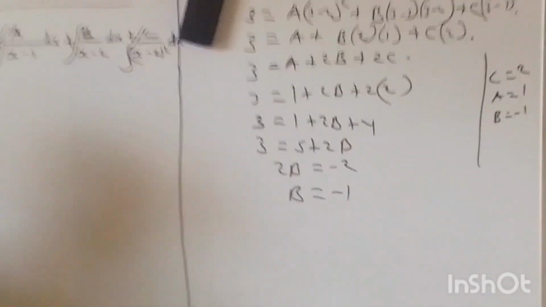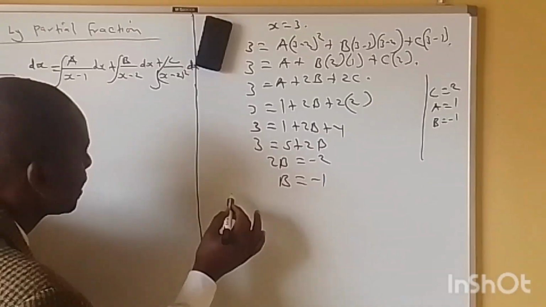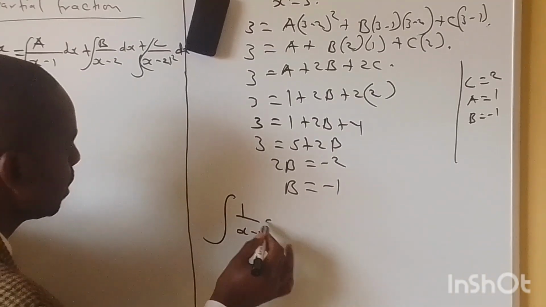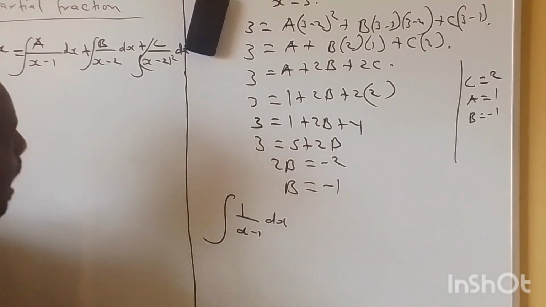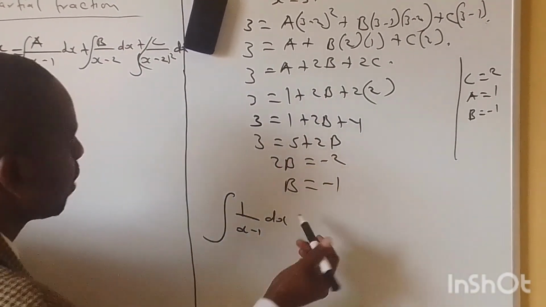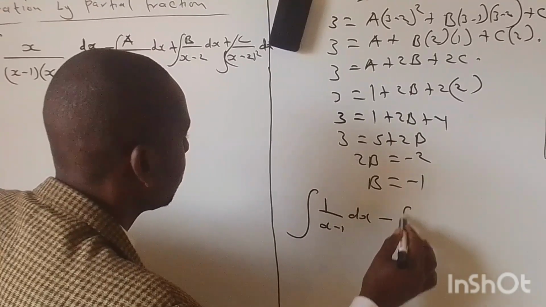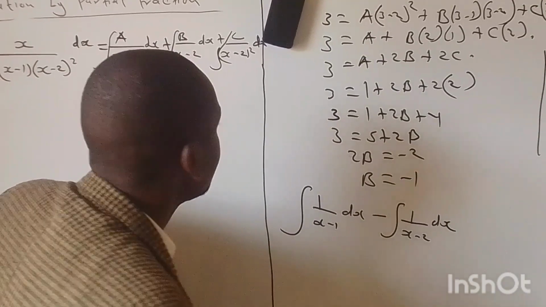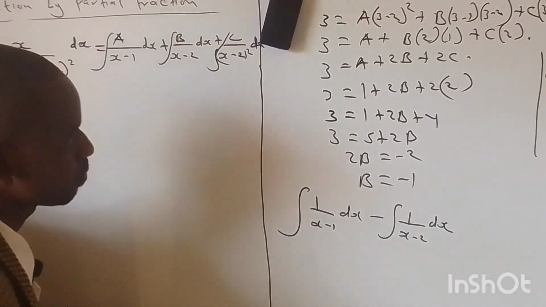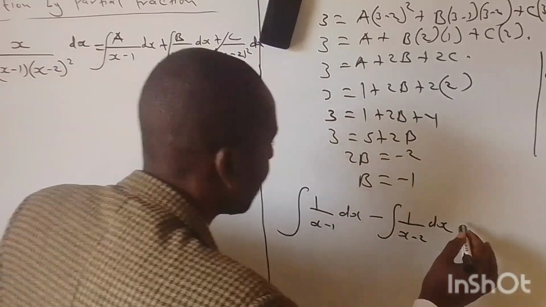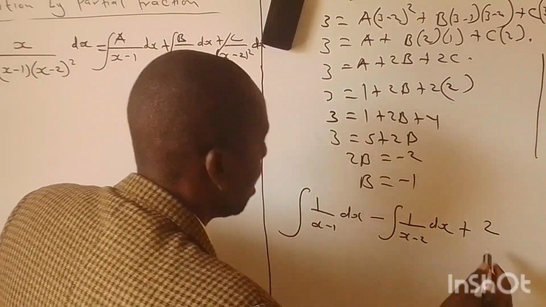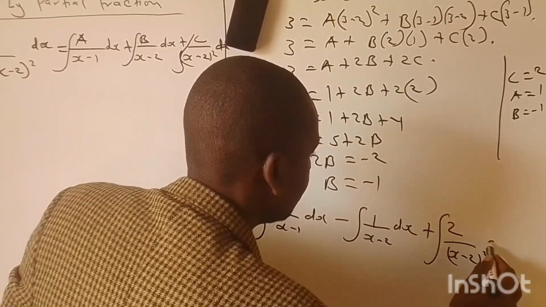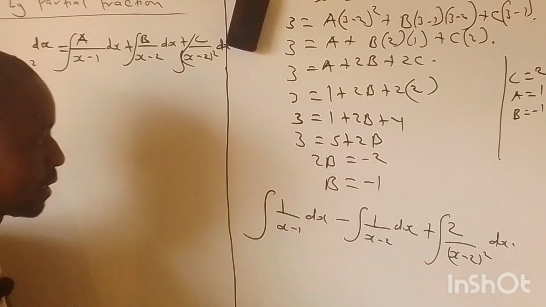So when you substitute back, we have the integral of a, and our a was 1 over x minus 1, dx, plus b, but our b is negative 1. So we have negative the integral of 1 over x minus 2, dx, then our c is 2, so plus 2 times the integral of 1 over x minus 2 squared, dx.